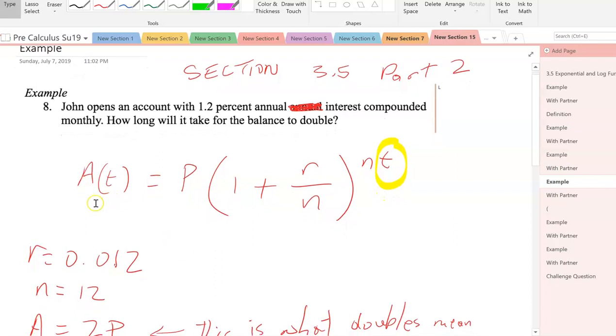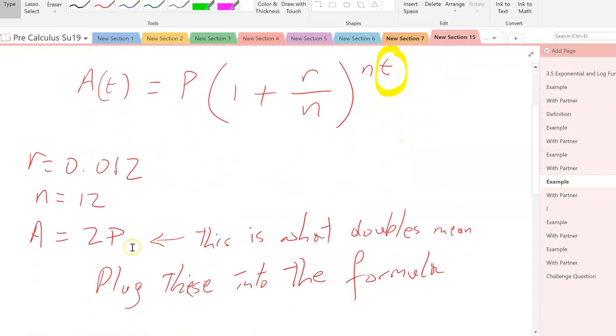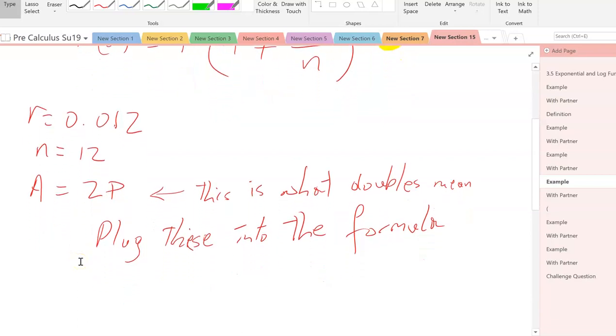We do not know exact values for A and P, but we do know the relationship between A and P, because for the amount to double, the remaining amount will be twice what you started with. So A is equal to 2P. And we plug these into the formula.